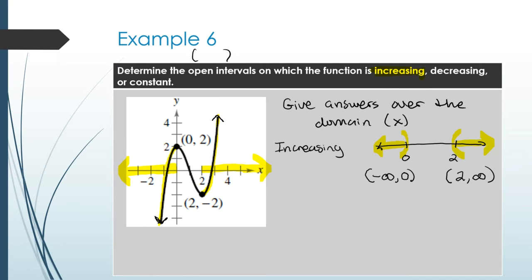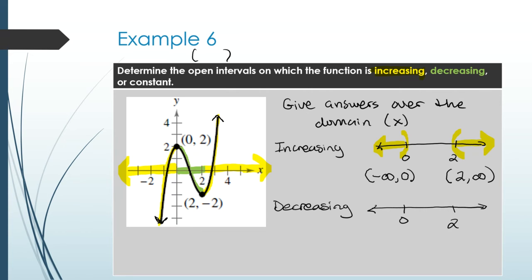So next is going to be the decreasing. Where are we going down? I'm going to do that in green. We're going down in between those two parts, from 0 to 2 right here. That's the part where our graph is decreasing. So I'm going to make my number line, and I have 0 and 2.